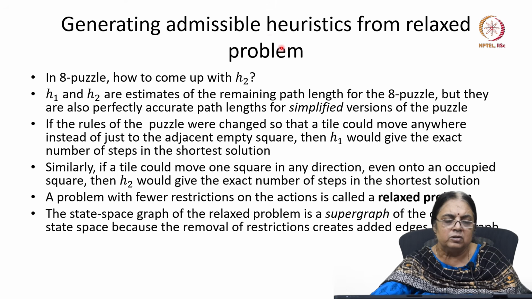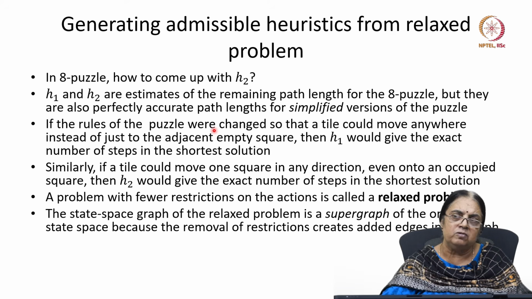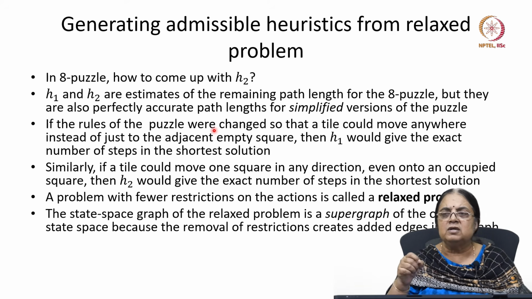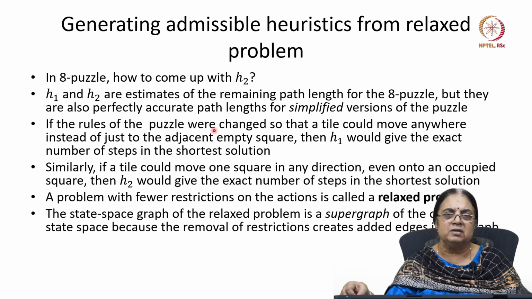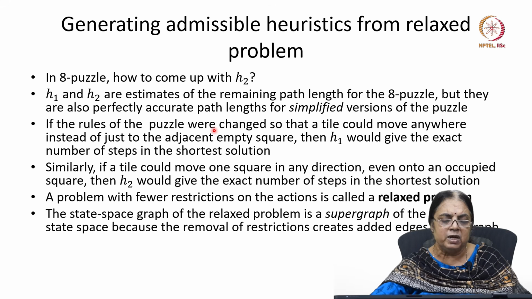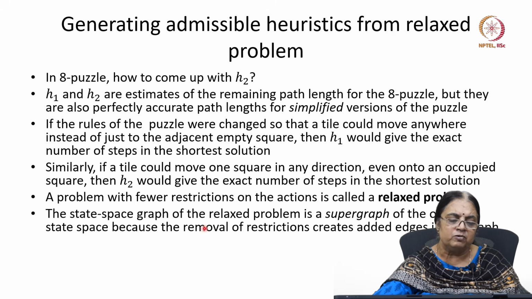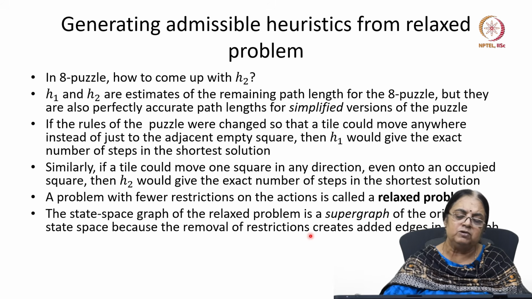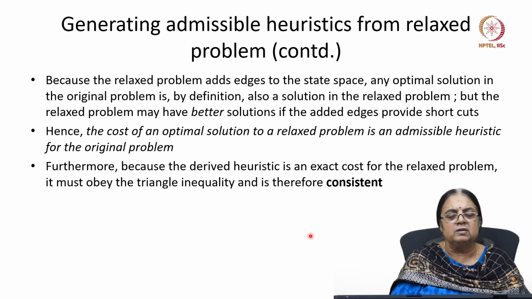So, what you are doing basically is that, for example, when we say that you are looking for the straight line distance between the node N and the goal node, you are reducing the restriction that it has to go along the roads, right, and because of that you are using the relaxed problem to come up with the heuristic. So, the state space graph of the relaxed problem is a super graph of the original state space, because when you remove the restrictions you have more added edges to it, right.